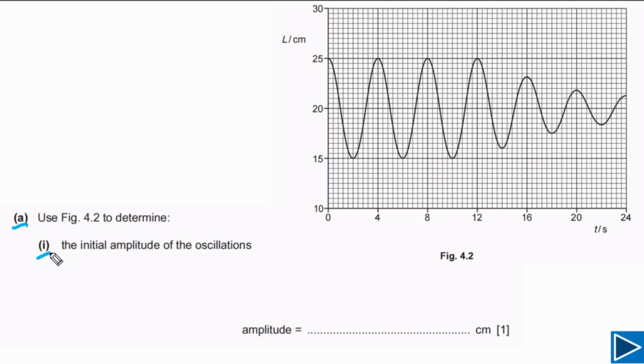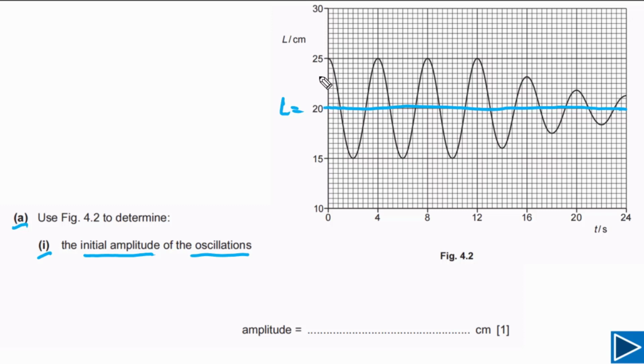For question A1, we need to determine the initial amplitude of the oscillations. If we look at this graph, we can simply find out when L is equal to 20 centimeters, trolley is at equilibrium. So we can draw this horizontal line, we can now see very clearly that this is the equilibrium position when L is equal to 20 centimeters.